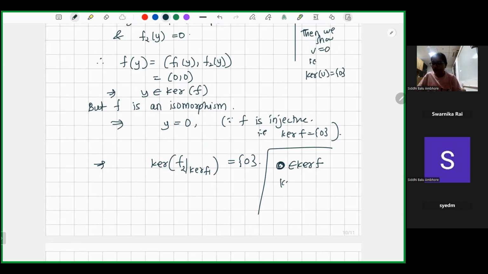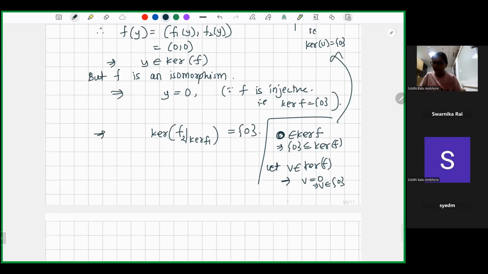Okay, so if I want to show that the kernel of F is a 0 set, then 0 is always a subset of the kernel F. So what I do is start with some element from the kernel, and I show that V is 0, that is, V belongs to the singleton set.